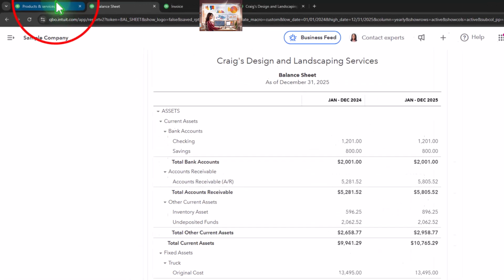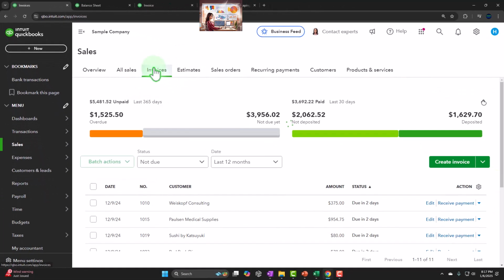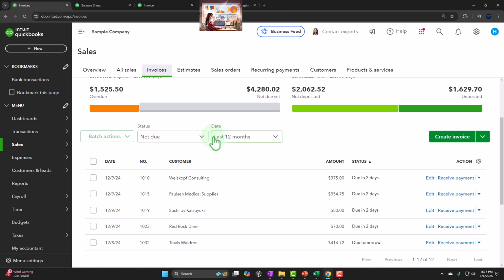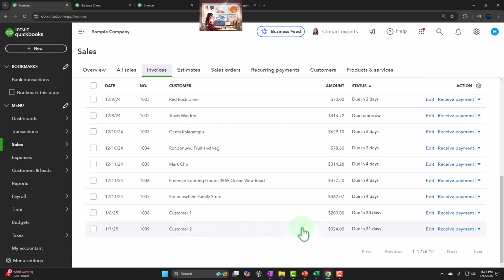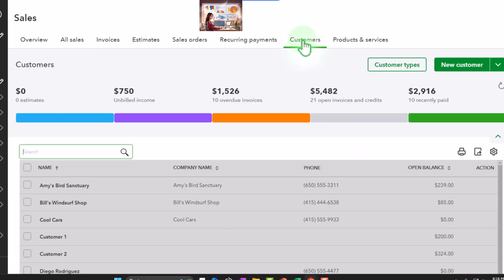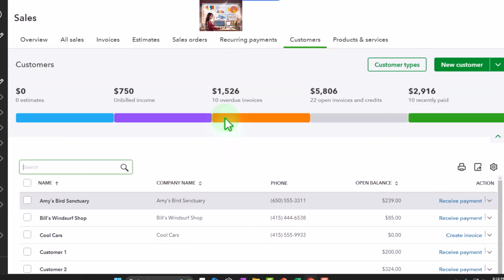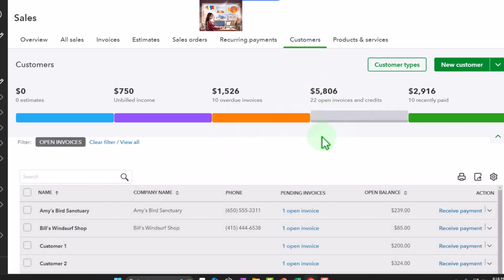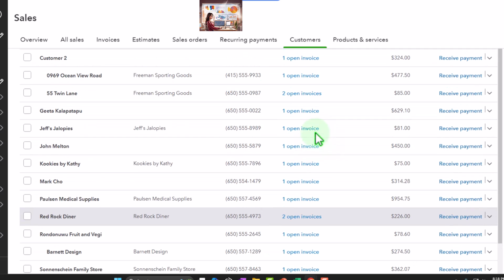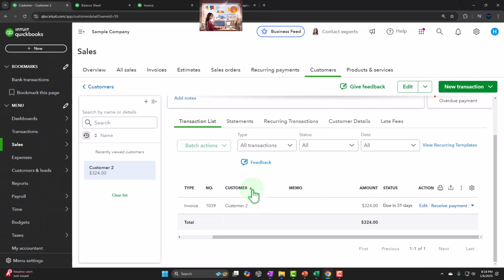We would more likely track that internally on the first tab under the sales, most likely invoices, sorting the invoices by not due yet, and we can then find our invoice here that we can then hopefully receive payment on, or track it by customer and then see our customer down here that has not yet paid us. We're looking by customer, open invoices, and then we've got customer 2. There it is, boom.